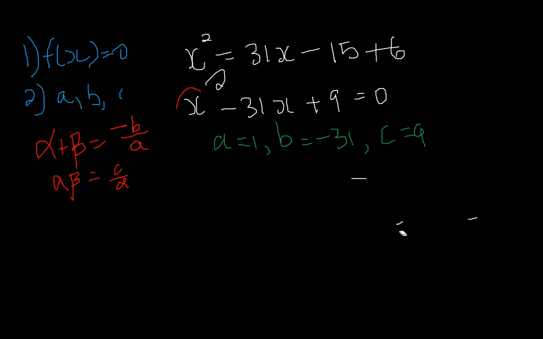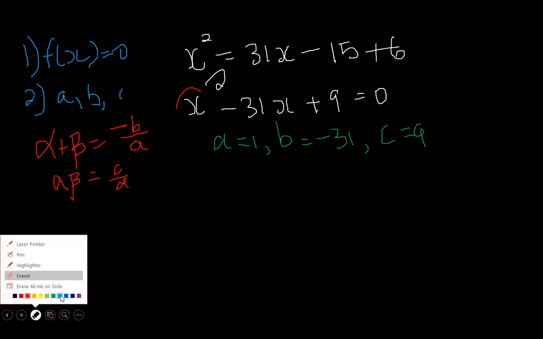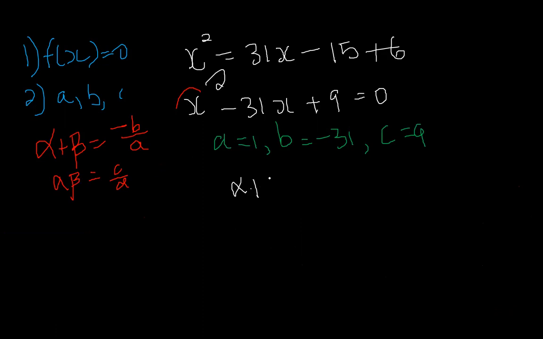All right, so anybody tell me what I would write for alpha plus beta? Minus 31 over 1. Wait, who just said that? Kristen. Oh, watch this now. This is something CSEC does often. Minus minus 31. It's not just minus 31.